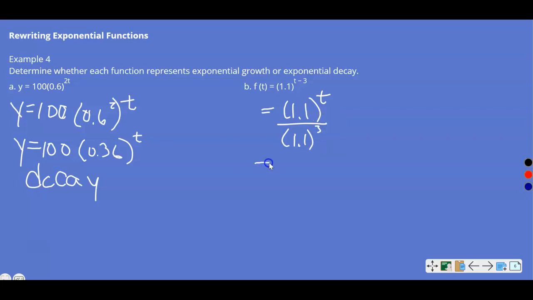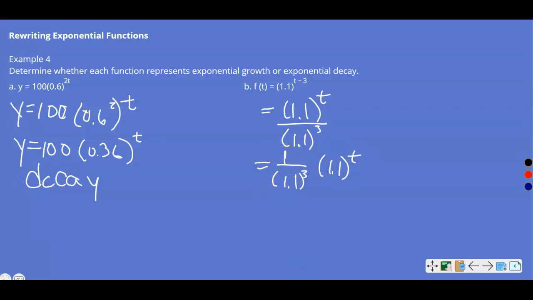Now, I can still rewrite this a little bit more. 1.1 to the third power is a number, so I'm going to have 1 over 1.1 to the third power, because that's on the bottom, and then that's times 1.1 to the t. All right, so we can evaluate this.